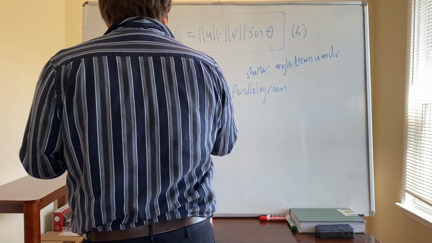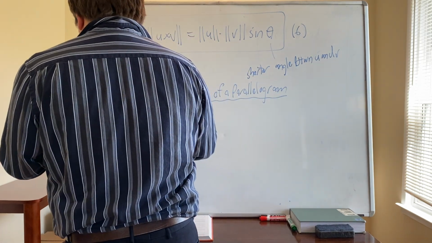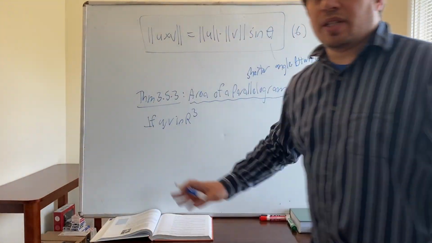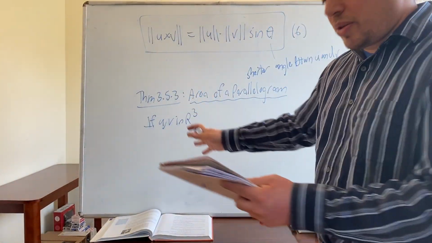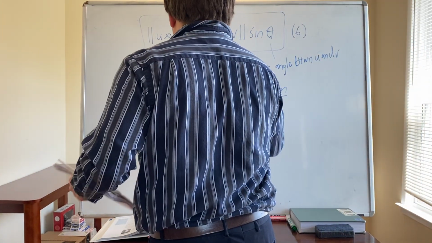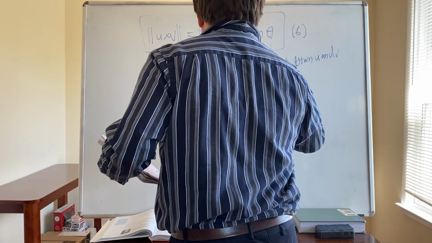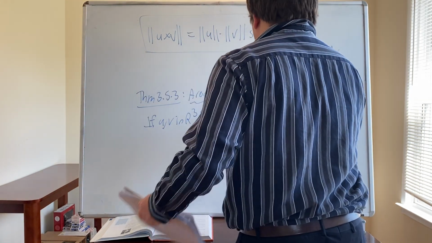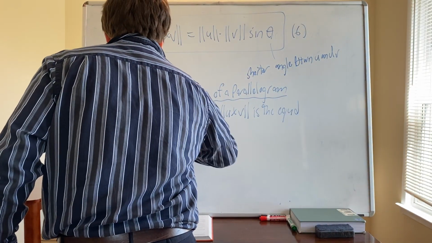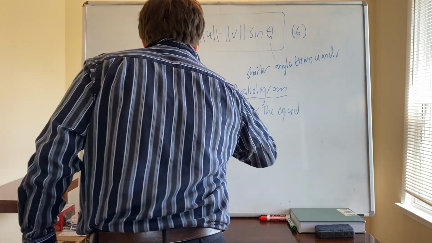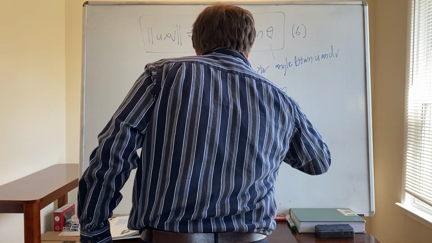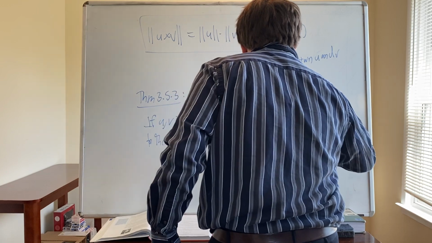If u and v are vectors in 3 space, meaning vectors with 3 components, where each component is a real number, then the norm of u cross v is equal to the area of the parallelogram determined by u and v.